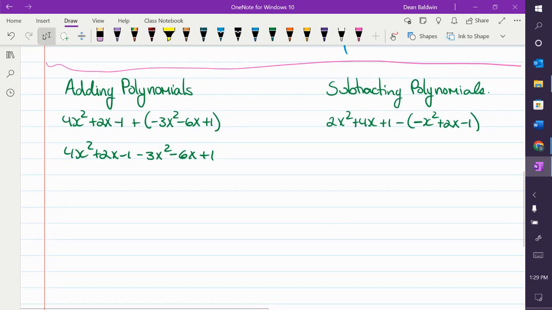All right. So what are the like terms here? 4x squared and negative 3x squared give me just x squared, or 1x squared.